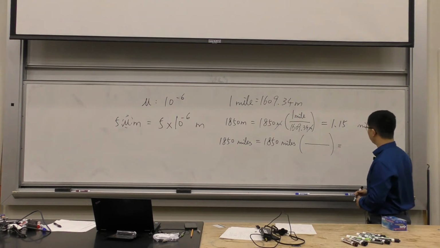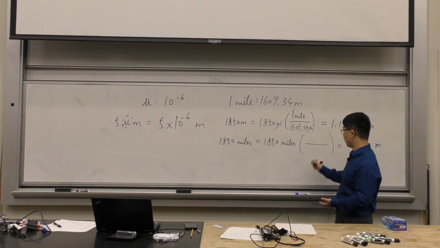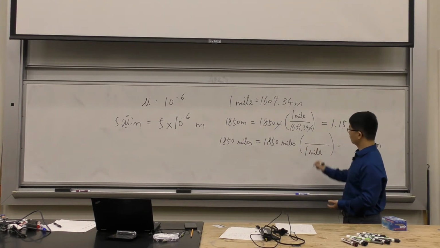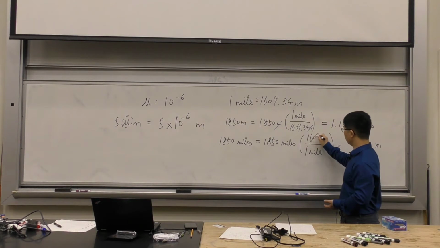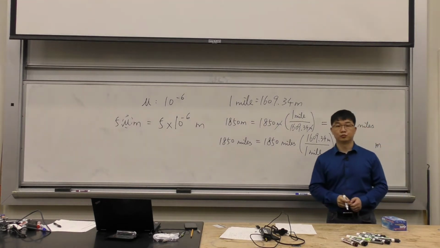In this case, I want to get meters at the end. I want to cancel miles, so I would have to put 1 mile down here. And then 1609.34 meters goes to the top, becomes the numerator.